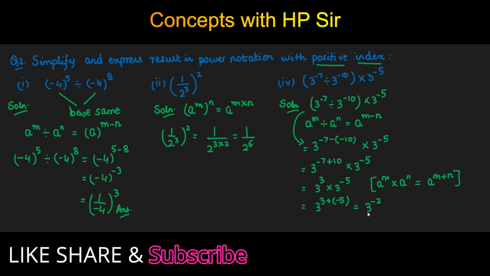Now since we have to express the final answer in positive index, to make the power positive, we will reciprocate the base. So it becomes 1 by 3 to the power 2. Or you can write it as 1 upon 3 squared. So that is the final answer. Hope you have all understood.